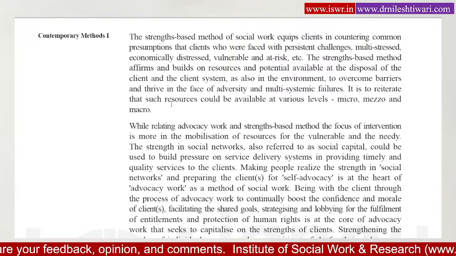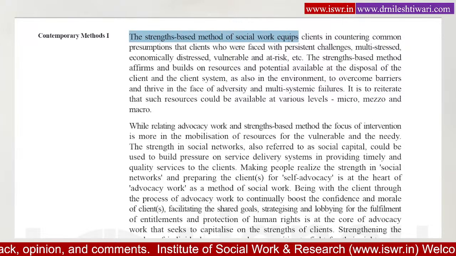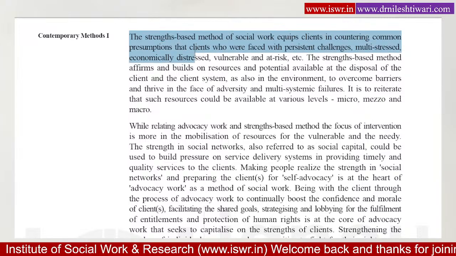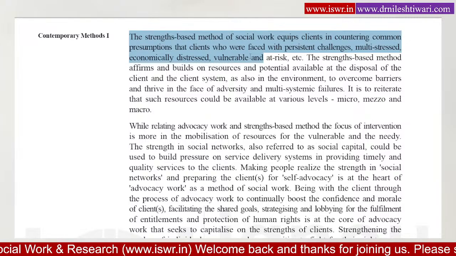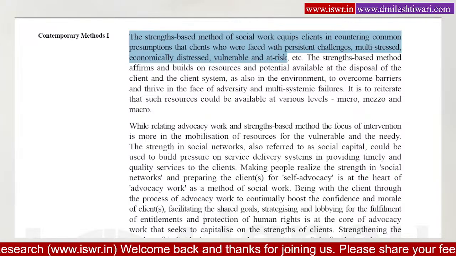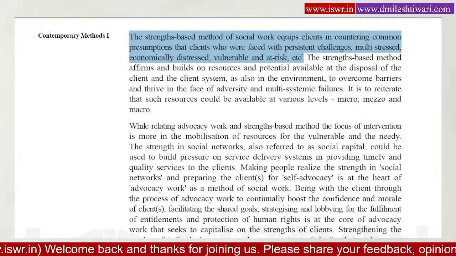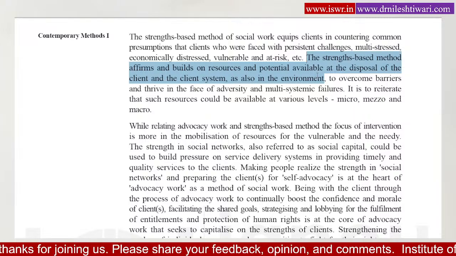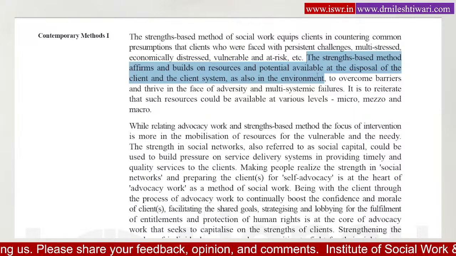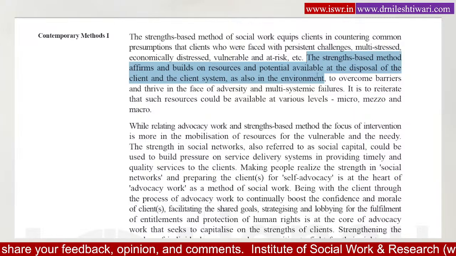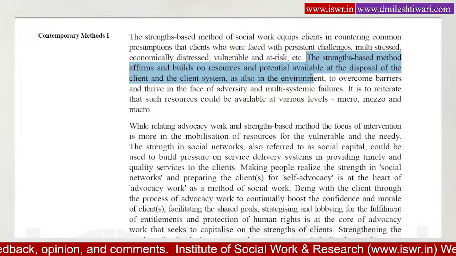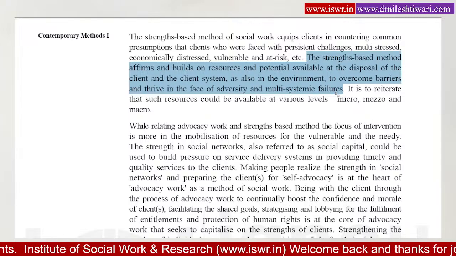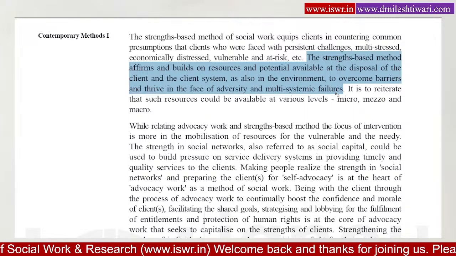So now let's move ahead. The strength based method of social work equips clients in countering common presumptions about clients who are faced with persistent challenges, multi-stressed, economically distressed, vulnerable, and at risk, etc. So the strength-based method affirms and builds on the resources and potential available at the disposal of the client, also in the environment, to overcome the barriers and adversities, multi-systemic failures, and all that.